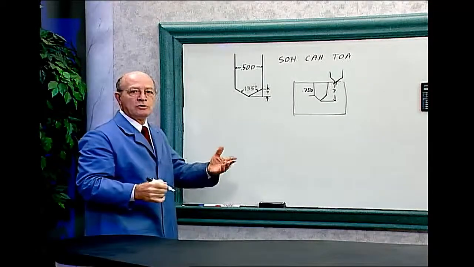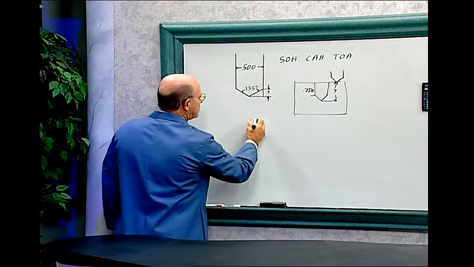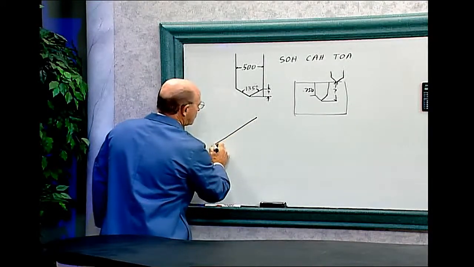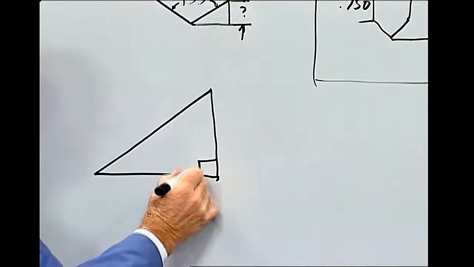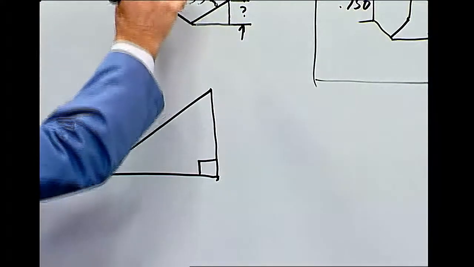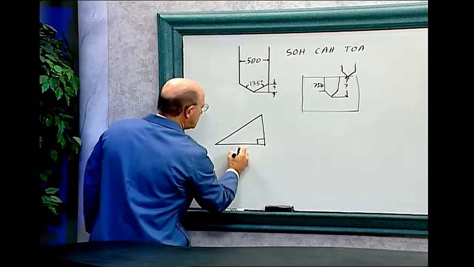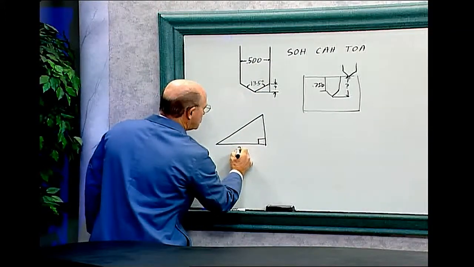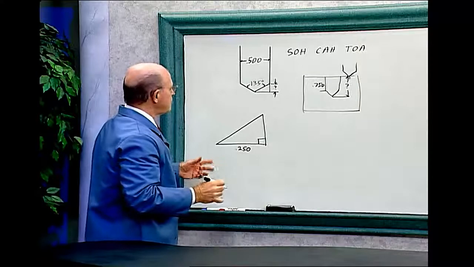And that's where you can use your trigonometry skills. Let's just redraw that. This is a right angle. All right. We know if that's 500 thousandths, you know that this is 0.250, or a quarter of an inch.